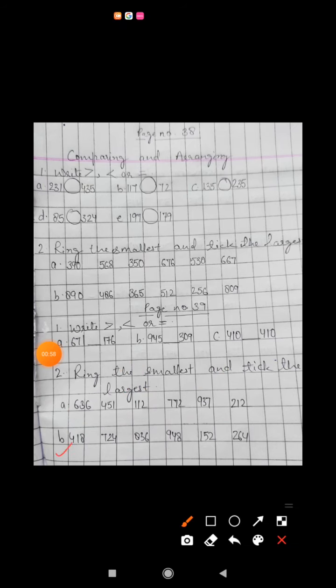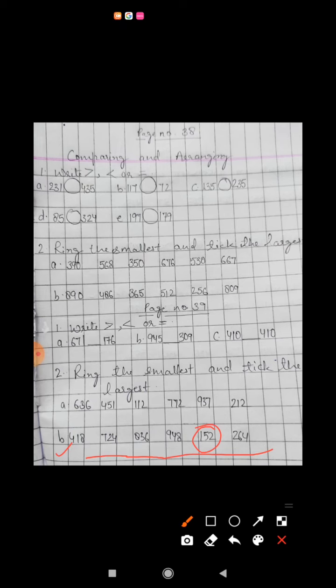Now B part 418, 724, 836, 948, 152, 262. Which is the smallest number here? 152. On hundreds place 1 is the smallest digit.